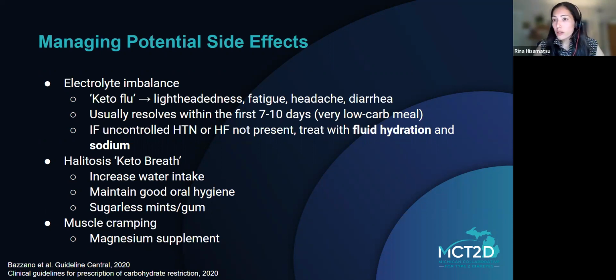The way to intervene in this case is to make sure that, once again, we're maintaining proper fluid hydration, making sure to maintain good oral hygiene, and supplementing with sugarless mints or gums as needed. Muscle cramping is another potential side effect, and oftentimes magnesium supplementation can be a good solution to this. Typically 200 to 400 milligrams daily can do the trick.